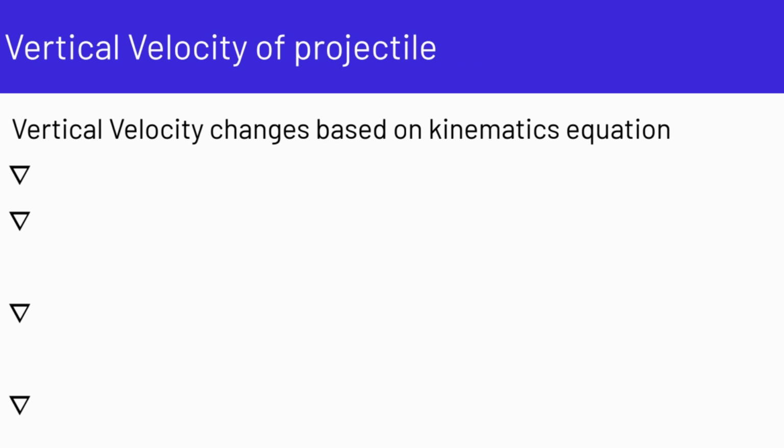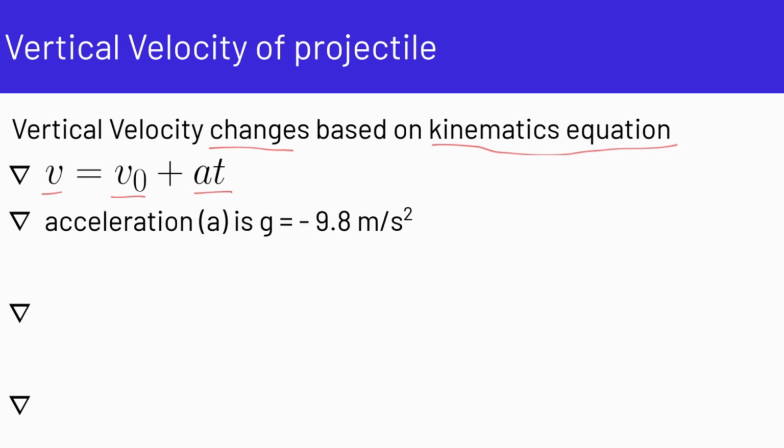The vertical velocity of a projectile, on the other hand, changes based on the kinematics equations we learned in the first unit. So we have the equation v equals v naught plus a times t. It's going to govern the change of the vertical velocity.